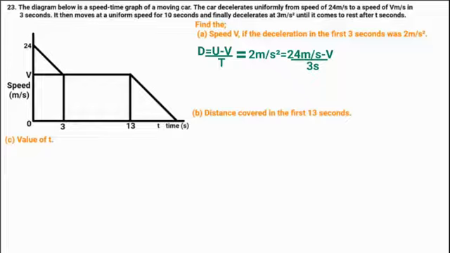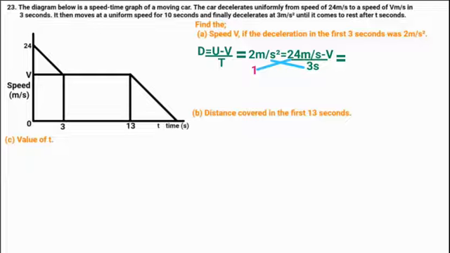Once we've done that, we're going to cross multiply. So 24 minus v will be multiplied by 1, and if we write 2 over 1, the 2 hasn't lost its value, so the value will be the same.